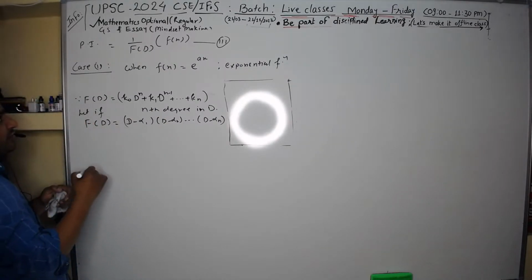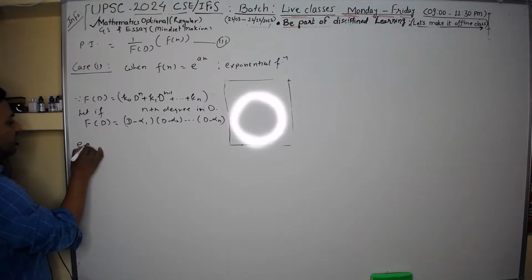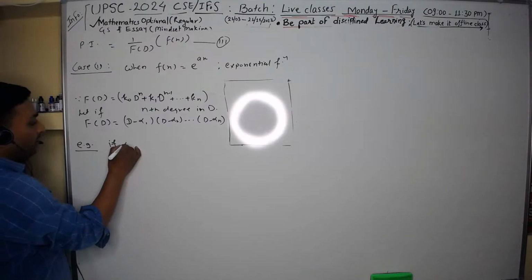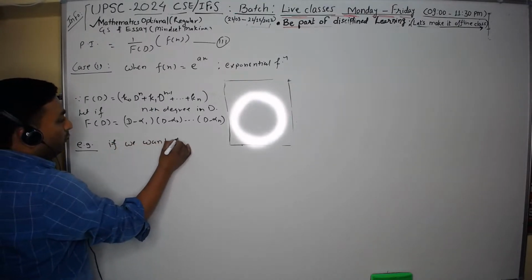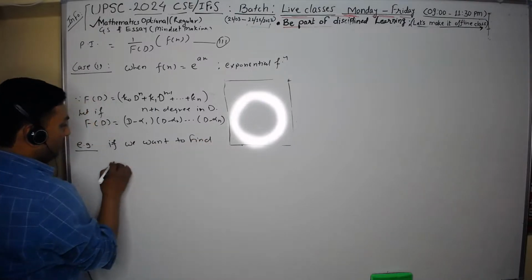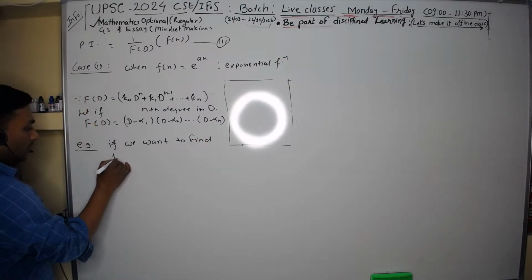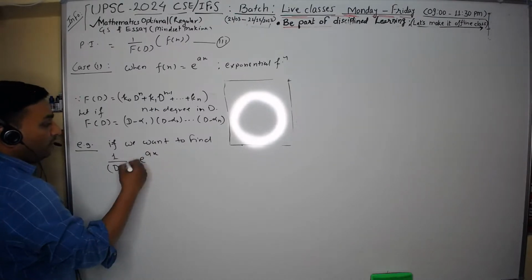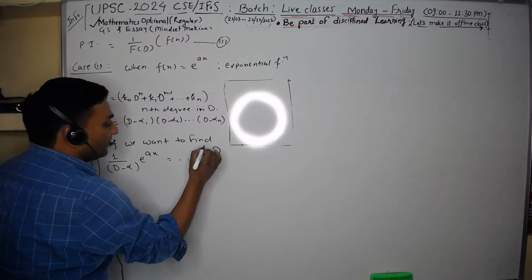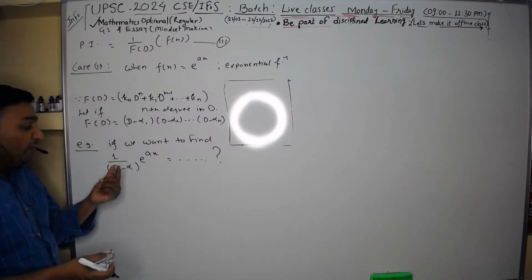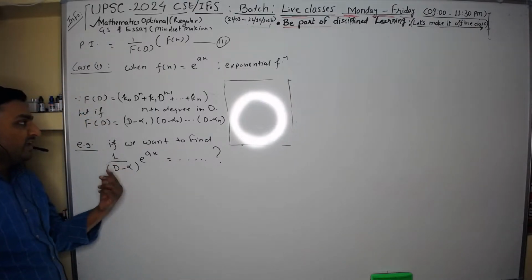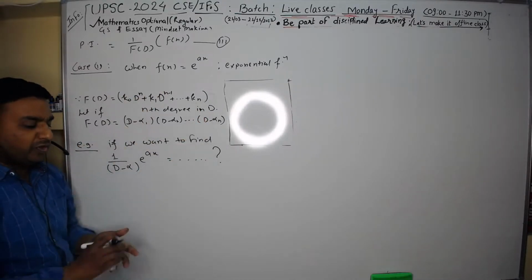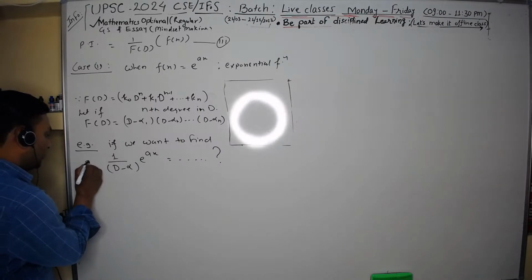Now I am interested in knowing, for example, if we want to find 1 upon D minus alpha of e raised to the power ax. Because if I come to know about this, then I can find 1 upon D minus alpha 1 of exponential, then alpha 2, and so on. So please first learn this.